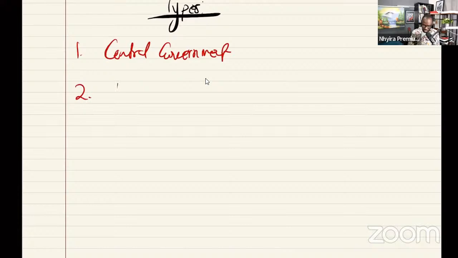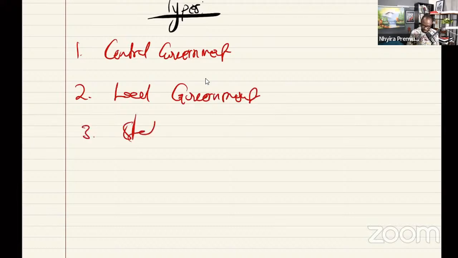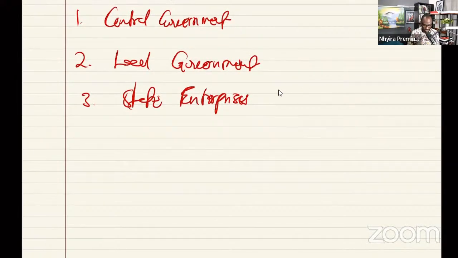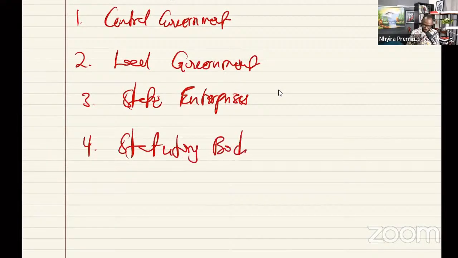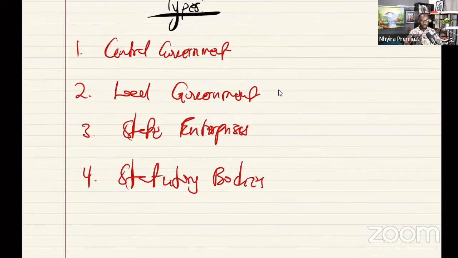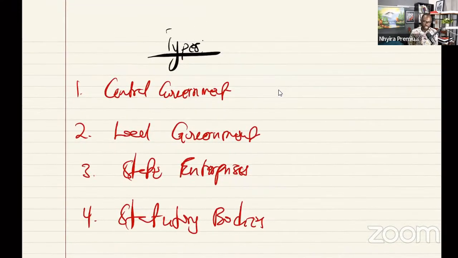There is what we call the local governments. There is what we call the state-owned enterprises. And then the 4th thing is going to be statutory bodies. So these are the 4 types of public sector institutions.